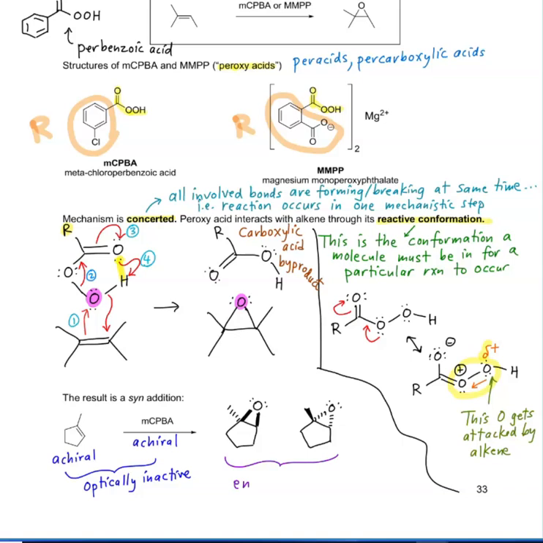These are enantiomers. And as you've seen before, because in this case we have an achiral alkene and achiral reagents, there's no preference for the reagent to attack the alkene at one face or the other. And so you're going to get an equal mixture, which, as you know, is a racemic mixture, and therefore optically inactive.